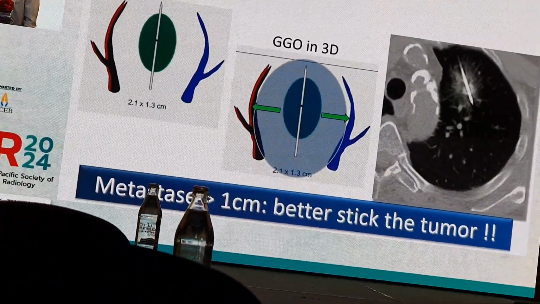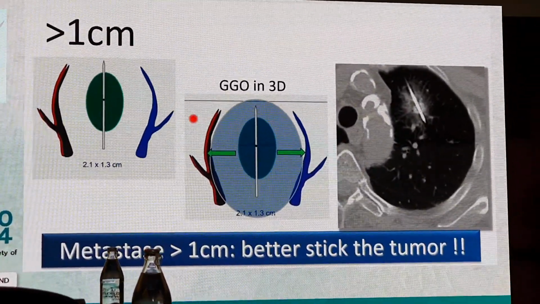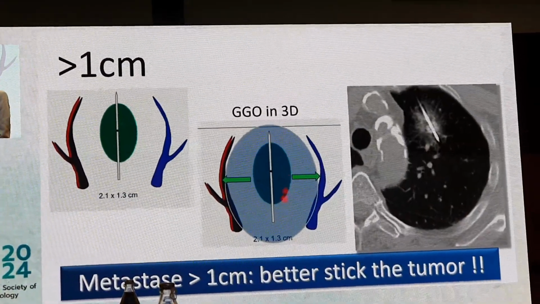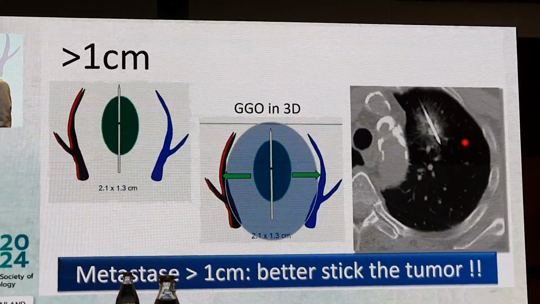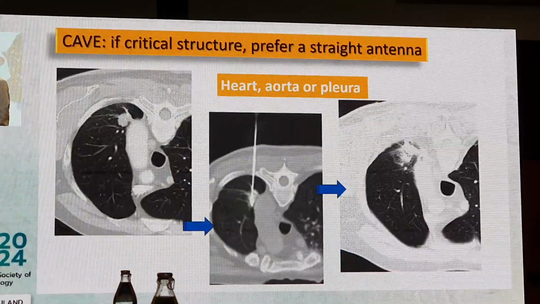If the metastasis is larger than 1 centimeter, it's much better to stick your tumor, as you can see in this example, and pay attention that the ground glass opacity is all around the lesion you have treated.